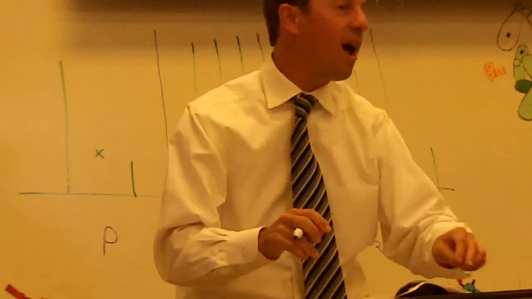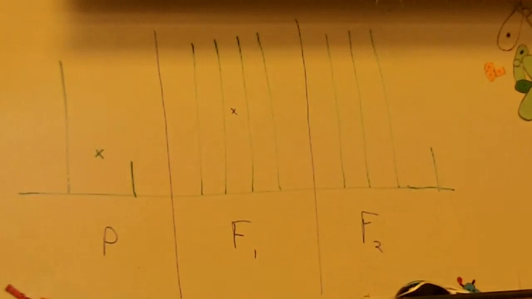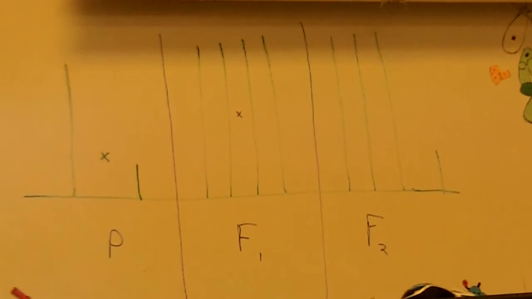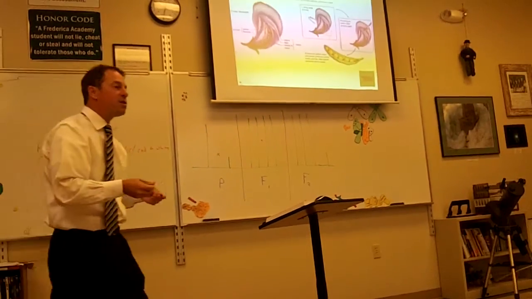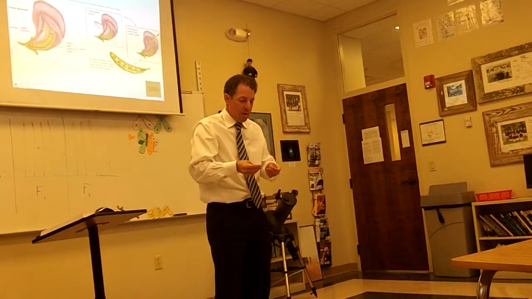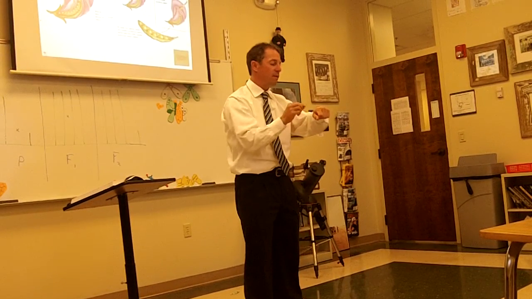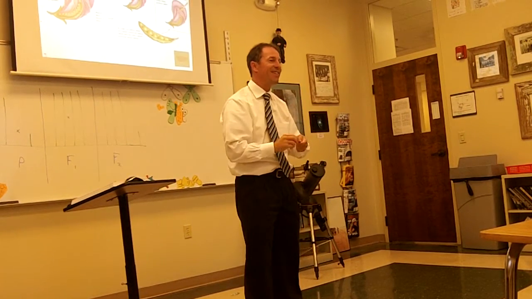Now, Mendel's a smart guy. He knows a lot about math. He knows about statistics. And he's seen a 3-to-1 ratio before. And y'all have too. Let's say I have 2 coins. What's the chance if I flip one coin of it getting heads? 50-50. It was heads that time.